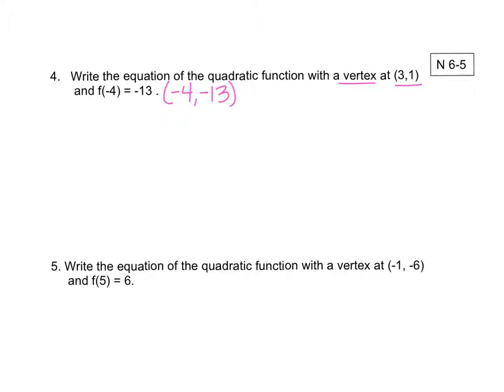When we're given the vertex, remember, we're going to use vertex form. Remember the vertex is h and k in your vertex form. And then we're going to plug in our point, -4, -13. Just like the front, we're going to be missing our a, so we're going to need to find the a.